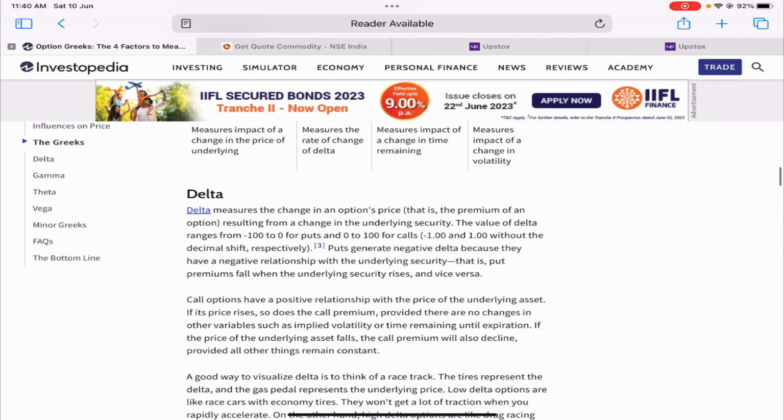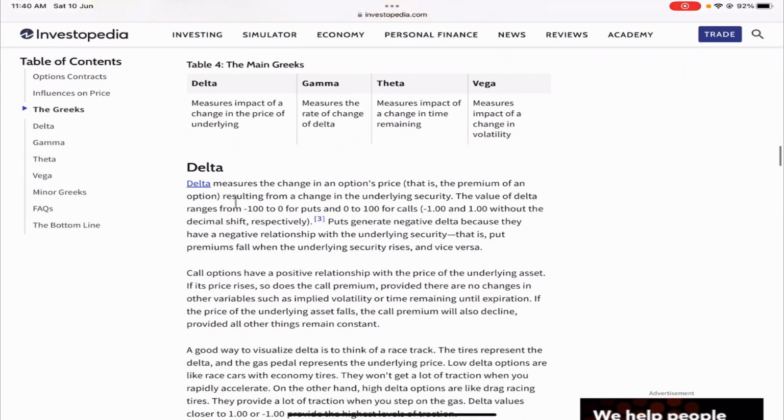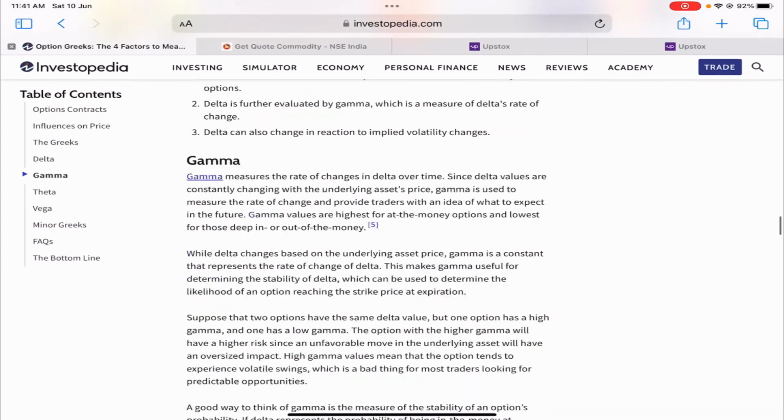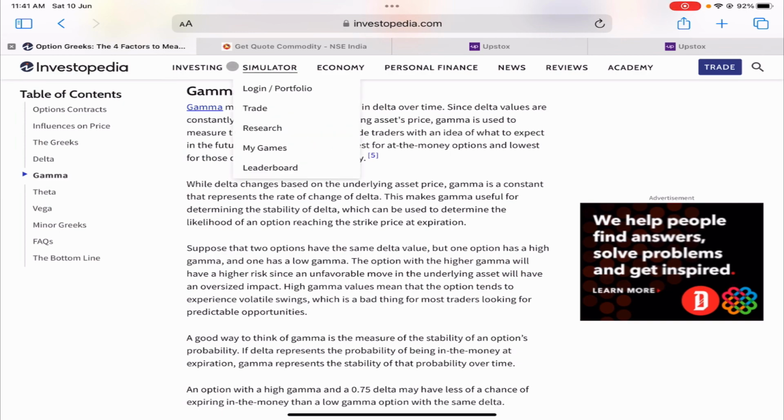Look at this. Here they have given you delta: delta measures the change in an option's price with respect to the price of the underlying. What is gamma? Gamma measures the rate of change in delta. Since delta values are constantly changing, gamma is used to measure that rate of change. So the rate of change of the change in delta is something which is measured by gamma.